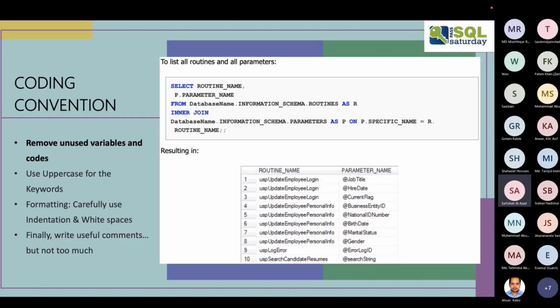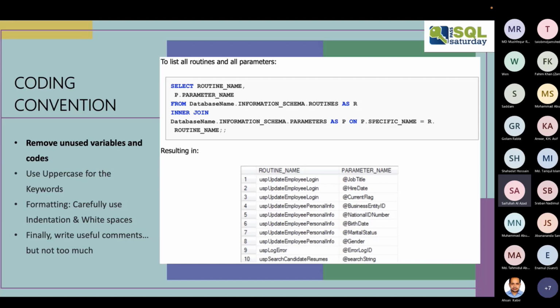Coding convention. The first thing is to remove unused variables and code. This is our common practice. We software developers always develop with some extra parameters and variables which remain unused. It's okay for development, but it's not okay for the production server, because it impacts your execution time.